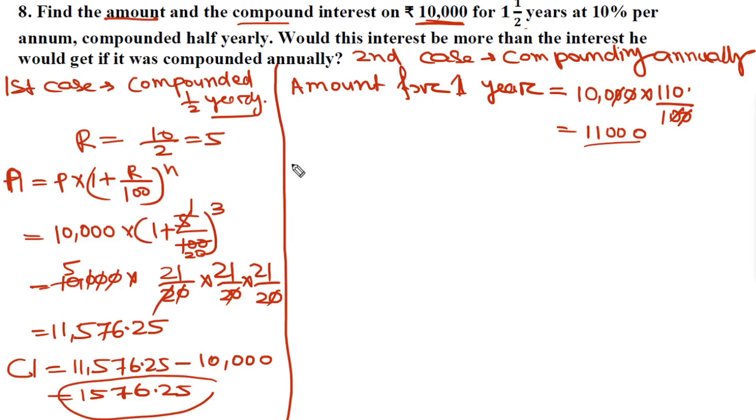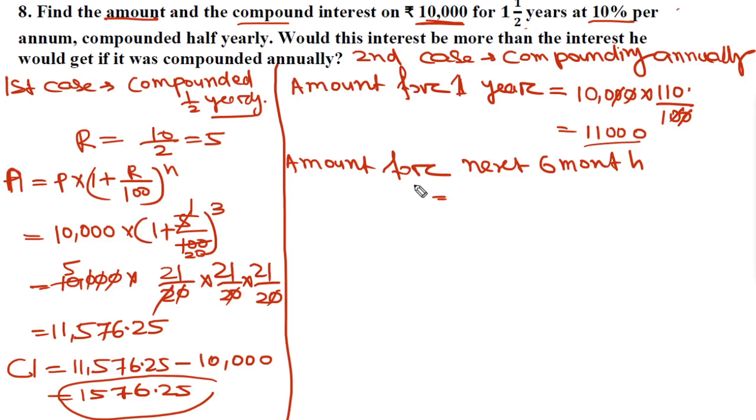Now again we have to find the amount for the next 6 months. For the next 6 months, now for 6 months the interest rate will be what? For 1 year it is 10%, for 6 months it will be 10 by 2, that is 5%.